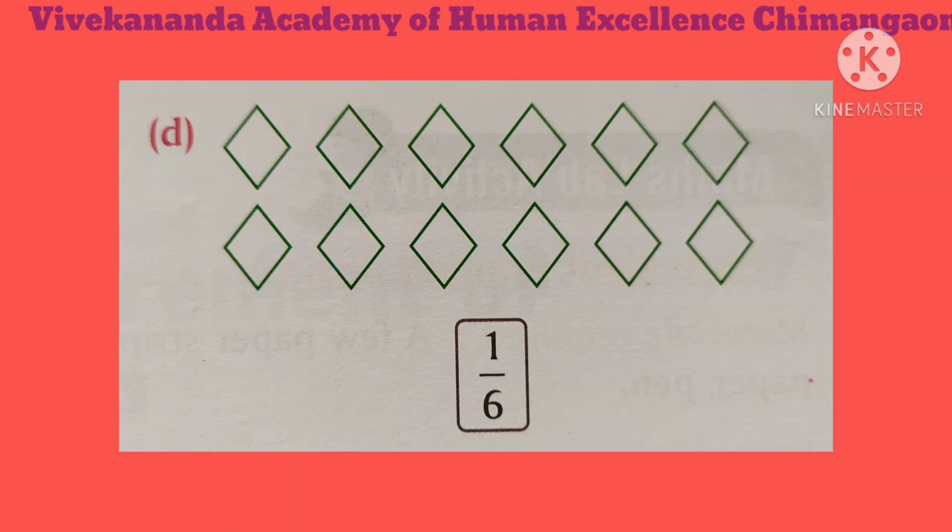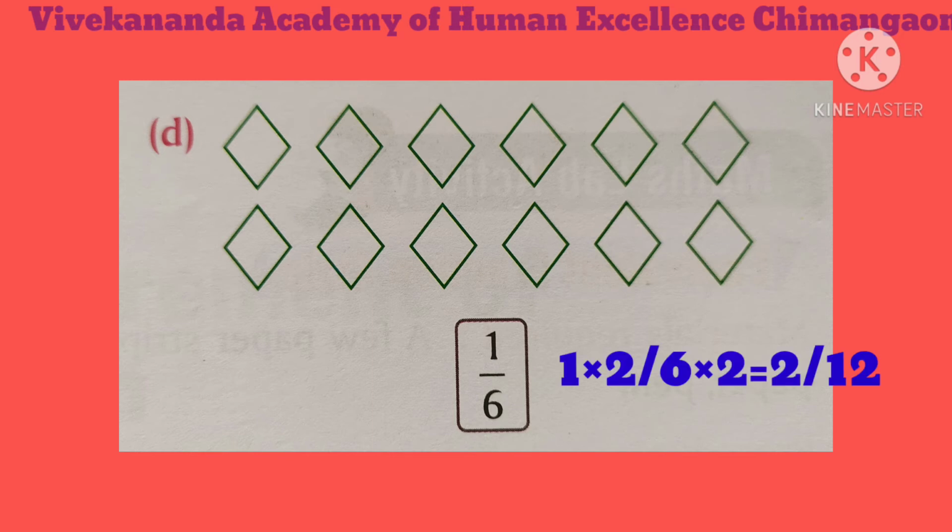Next, figure D. So here also a fraction is given, 1 upon 6. In this question, we will find the equivalent fraction of 1 upon 6. So we multiply 1 upon 6 by 2. By multiplying 1 by 2, we get 2 ones are 2, the numerator. And by multiplying 6 by 2, we get 6 twos are 12, the denominator.